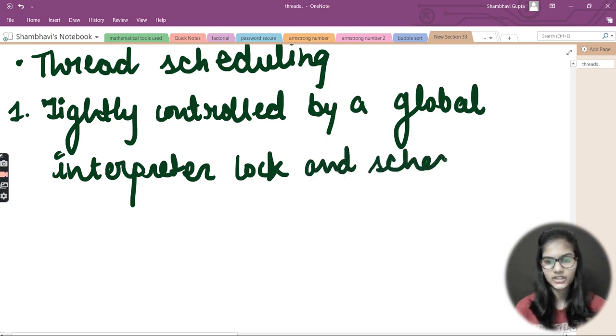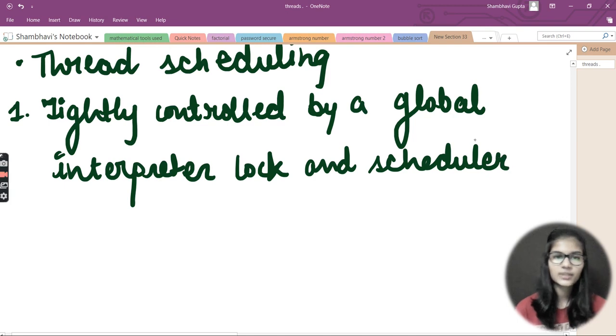This is the very first thing that fits in thread scheduling. Basically, it is tightly controlled by a global interpreter lock and the scheduler, right?